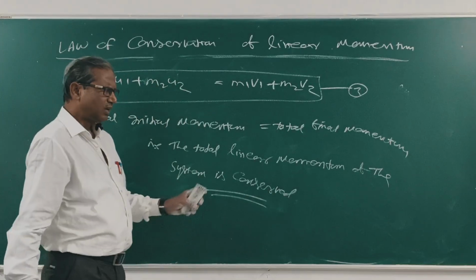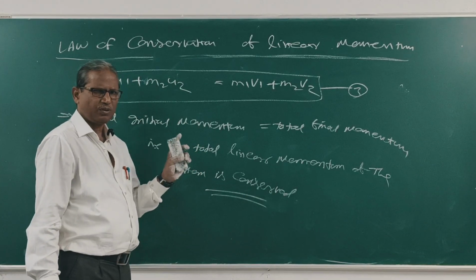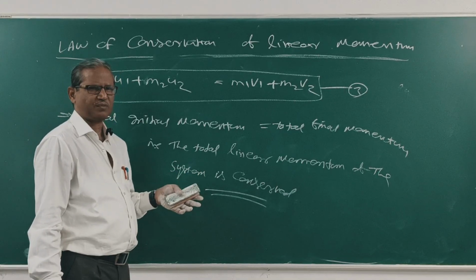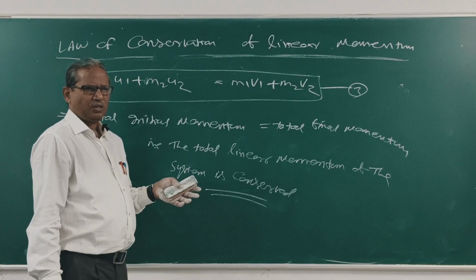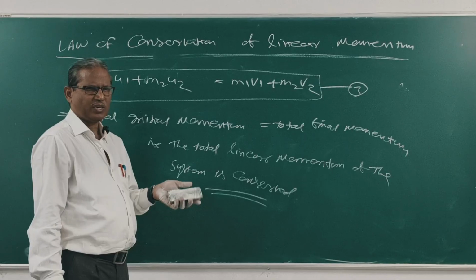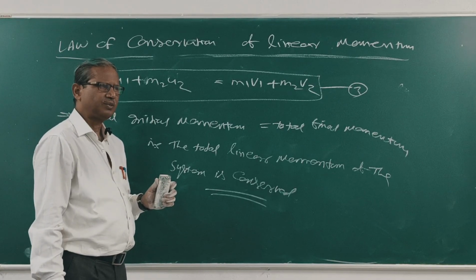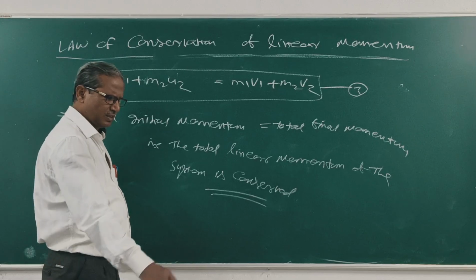This is the law of conservation of linear momentum. Now I will explain what is impact. What is plastic impact? What is elastic collision? Clear? What is the coefficient of restitution? Now I will discuss this topic in detail.